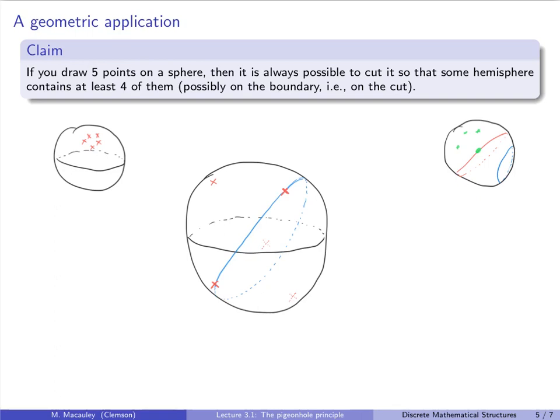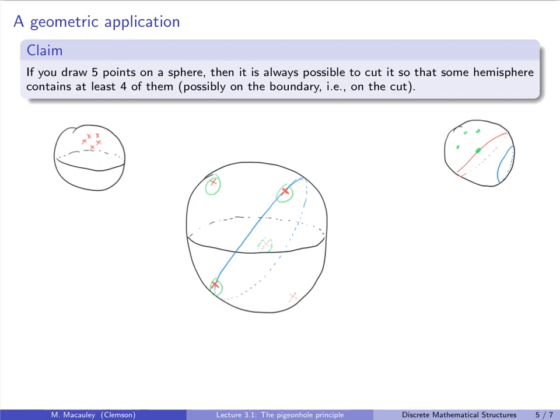By the pigeonhole principle, one of these hemispheres will contain at least 2 of those points. And here you can see that this upper hemisphere contains that point, this point, and then these 2 points as well. So once we make this first cut, we're trying to put 3 pigeons in 2 holes, that is, those hemispheres.